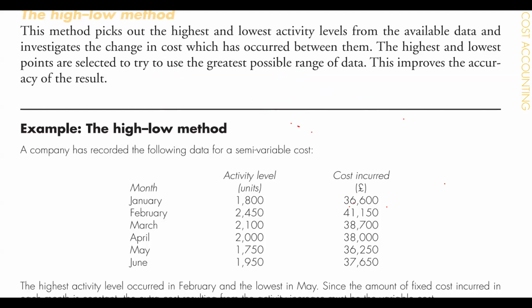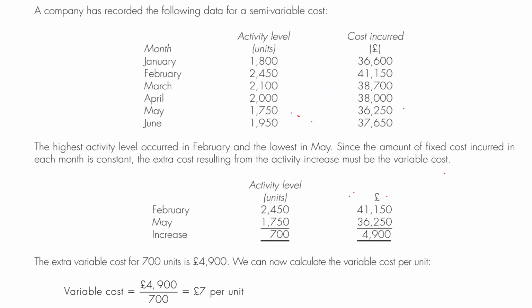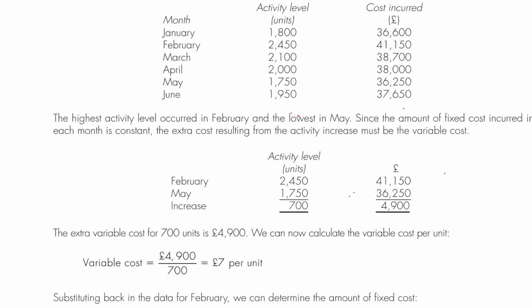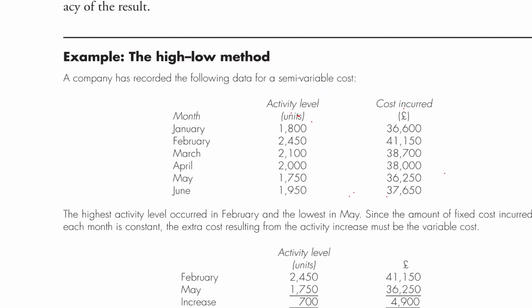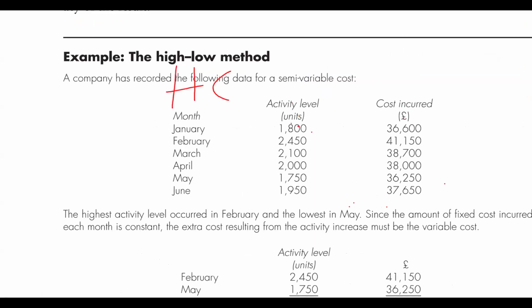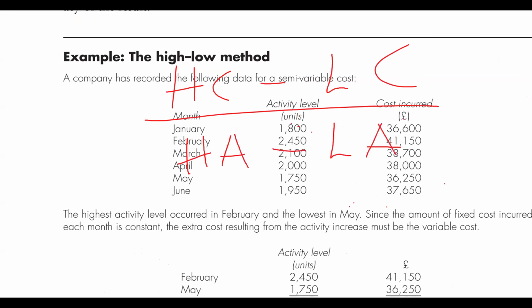What you do is you take the highest cost minus the lowest cost, divided by the highest level of activity, which is the output, the level of production, minus the lowest level of activity. That gives us the variable cost per unit. Do you get it?